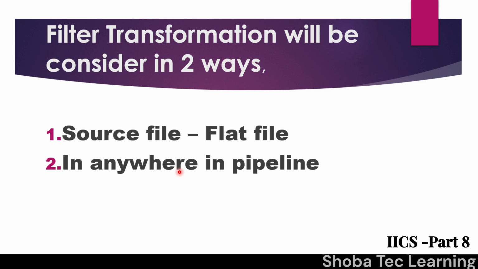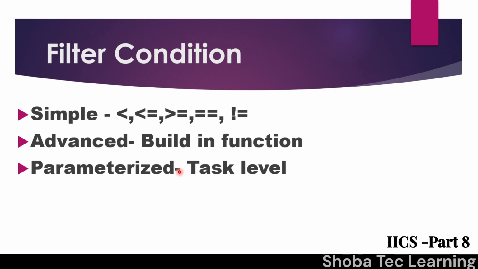When we see the conditions, IICS defines three types. Simple is defined with a set of operators, like less than or equal to, greater than or equal to, not equal, and so on. Advanced is like how Informatica PowerCenter has a set of predefined functions; IICS also has predefined functions, so we can take a predefined function and write the filter condition.